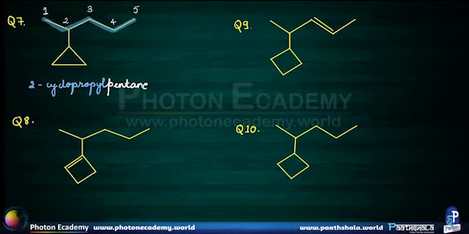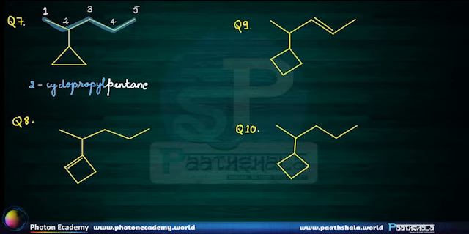Now in question number 8, although the open chain has more carbon atoms, we cannot choose it as the main chain because the double bond is present in the cyclic ring. So, it's compulsory according to the rules that we choose the ring as our main chain. Now, let's number our ring: 1, 2, 3 and 4.